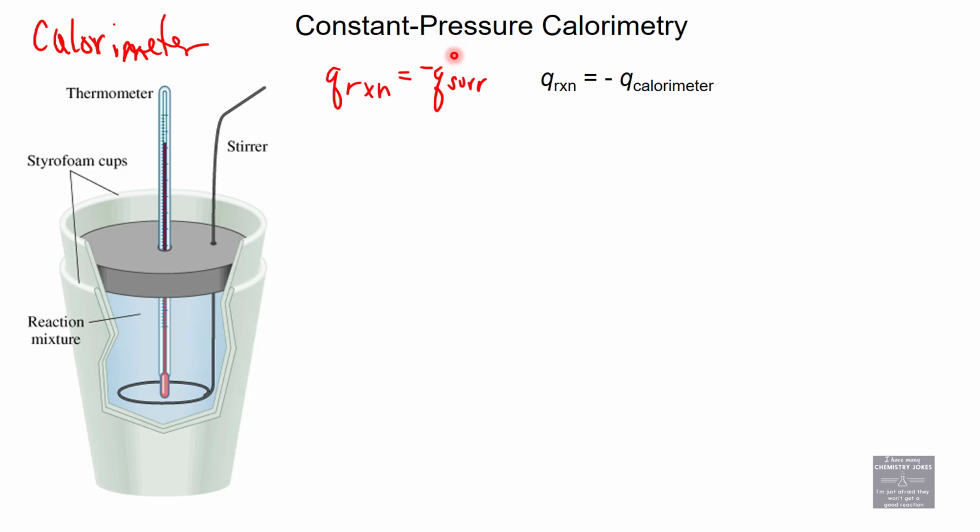This is a very important principle in calorimetry. Whatever heat is gained or lost by the reaction is the opposite by the calorimeter. So if the reaction is exothermic, the calorimeter will absorb that heat, and the absorbance of that heat causes the thermometer temperature to actually increase, because the thermometer is part of our surroundings.